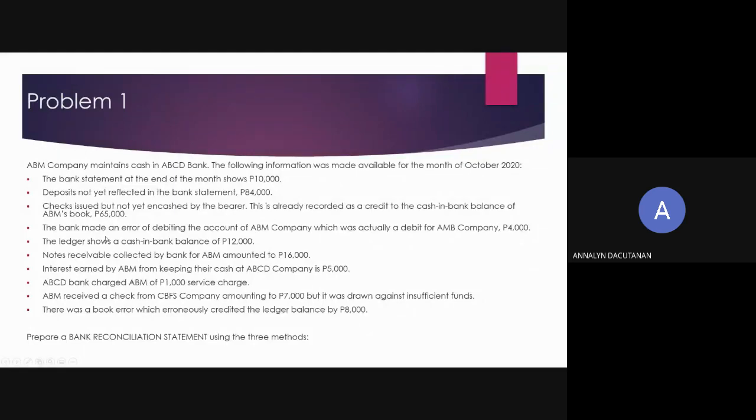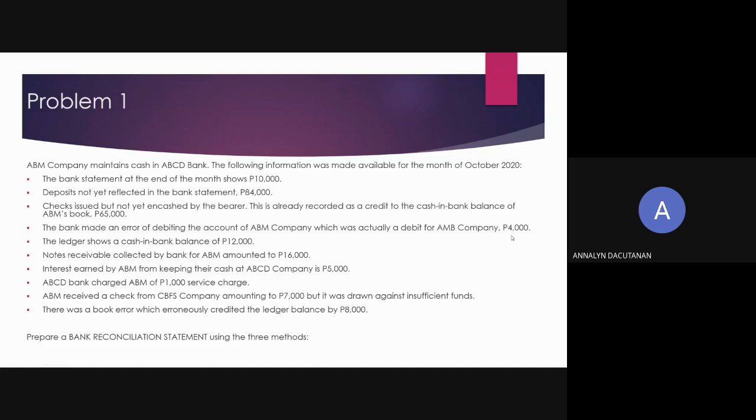So in order to correct it, you need to add it back. You now need to add this 4,000 to the 10,000. So, 10,000 plus 84 minus 65 plus 4,000. There are no other items affecting the bank. So that should be your adjusted bank balance.